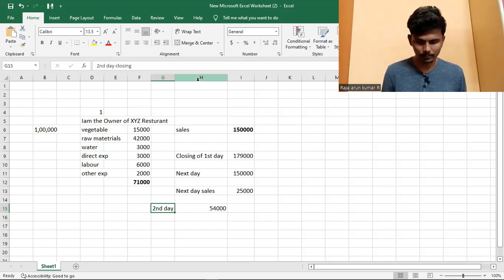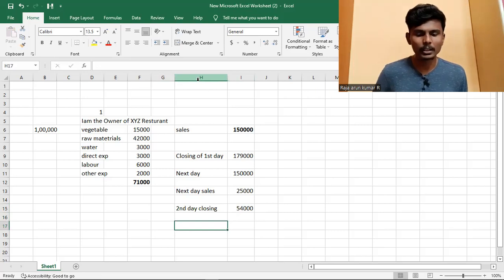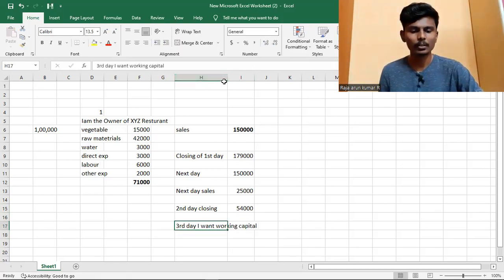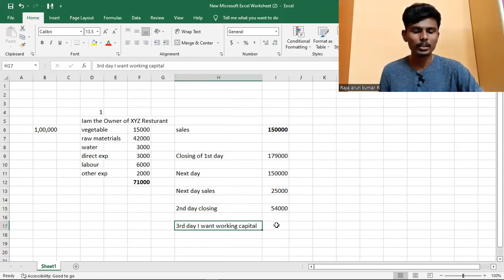Okay, second day closing I have 54,000, but third day I want working capital of rupees minimum.